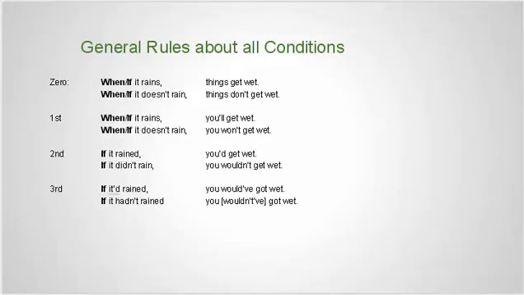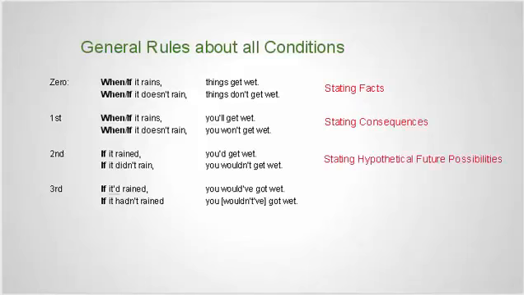One rule about all the conditions is that when we use the 0 condition, we are stating facts. We're talking about what happens naturally in nature. In the first condition, we talk about consequences, what will happen.